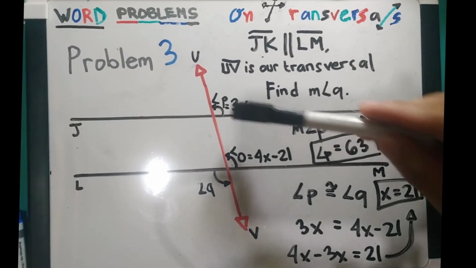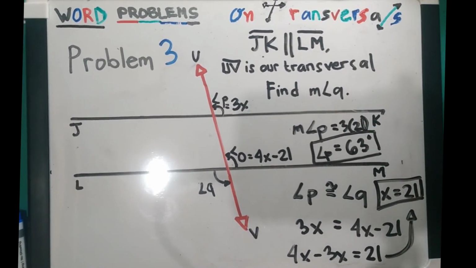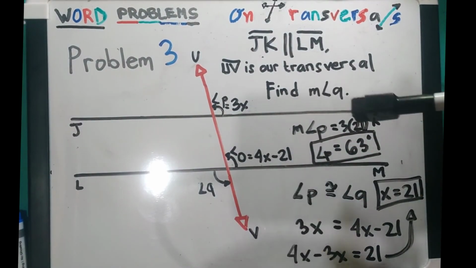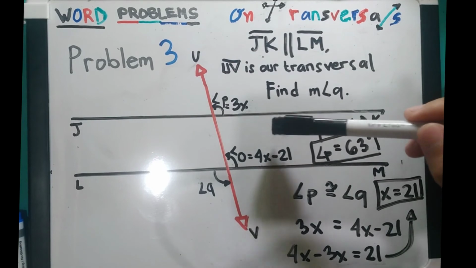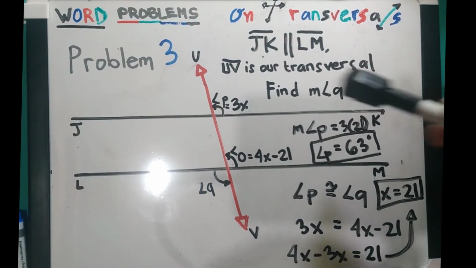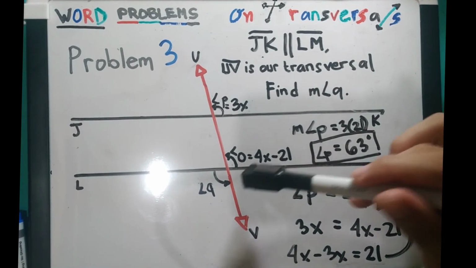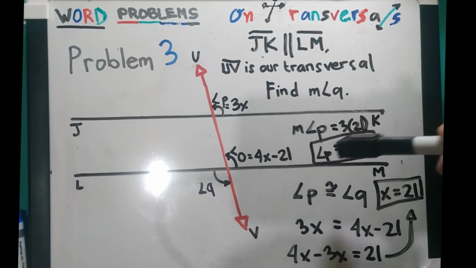Since angle P, as we have already mentioned a while ago, is corresponding to angle O, the measure of angle P must be equal to angle O. So it means that angle O should also be 63 degrees.